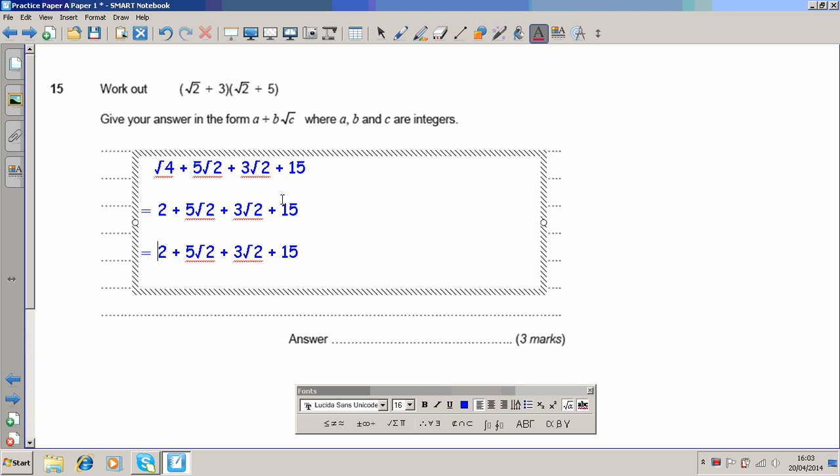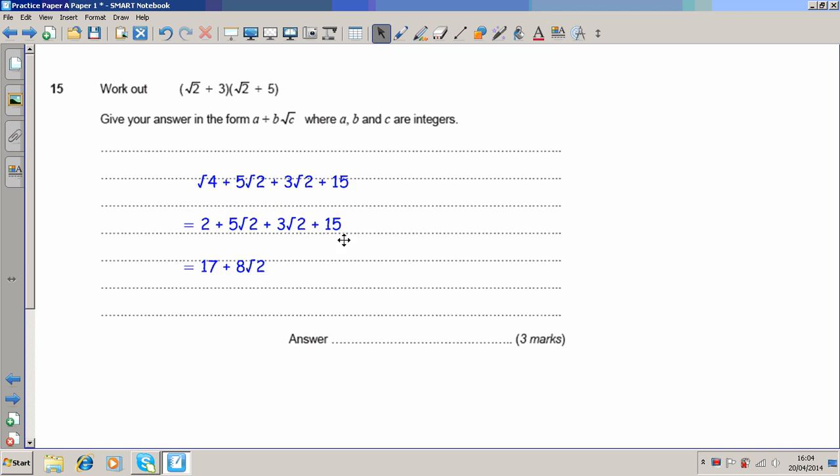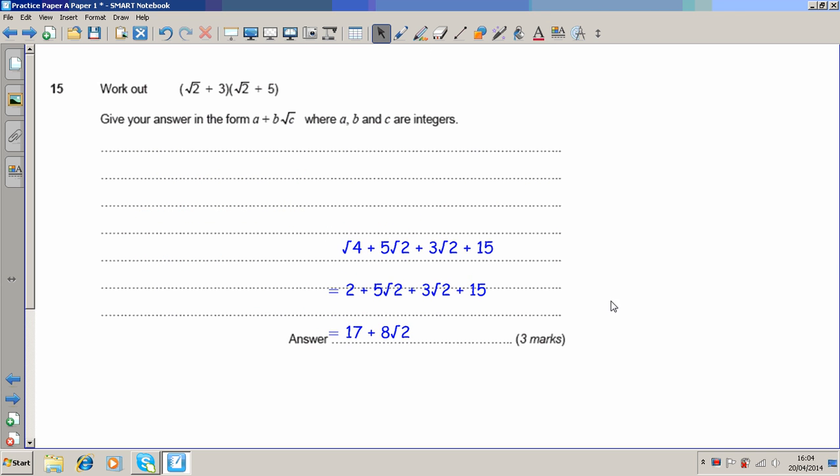Now we combine 2 add 15, which is 17, and 5 root 2 add 3 root 2 gives me 8 root 2's, and there's your answer. You can see that it's written in this form: 17 plus 8 root 2, where A, B and C are integers, whole numbers basically. So that'd be your answer, 17 plus 8 root 2.